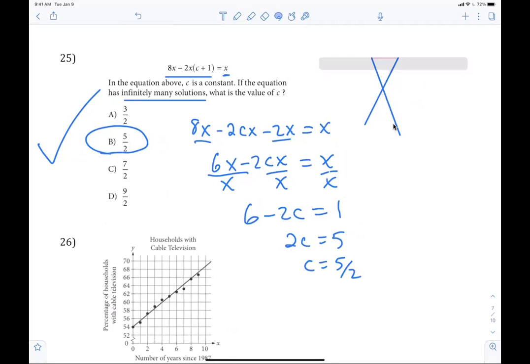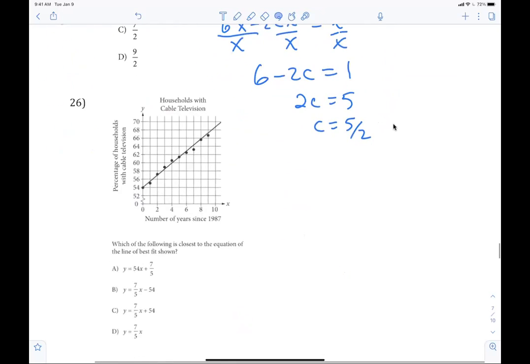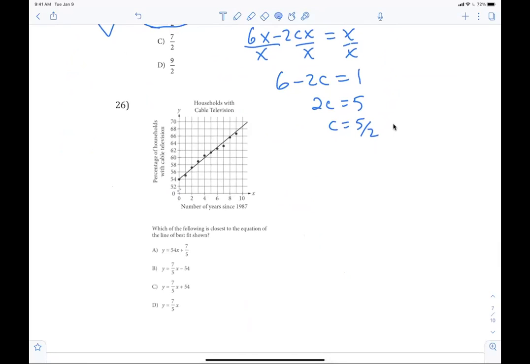One. So how many does it have now? 2, 3, 4. Infinite. It's the same line. It crosses or it touches all the time. All right. Here we go.